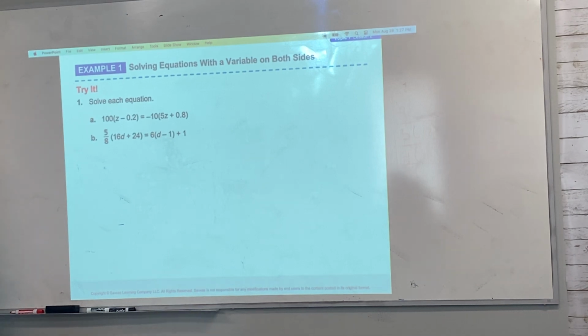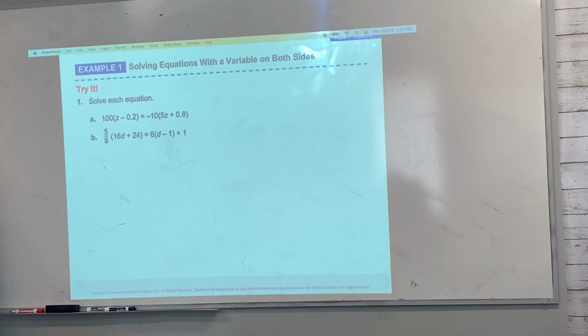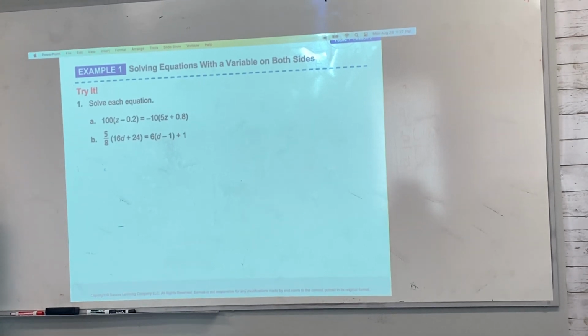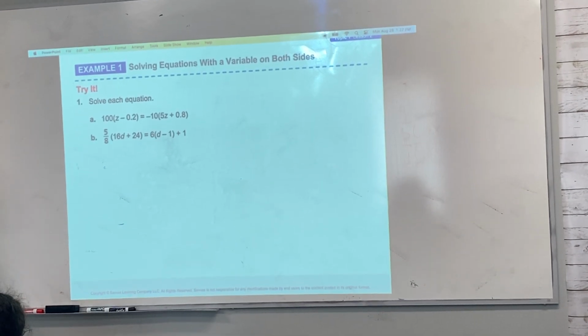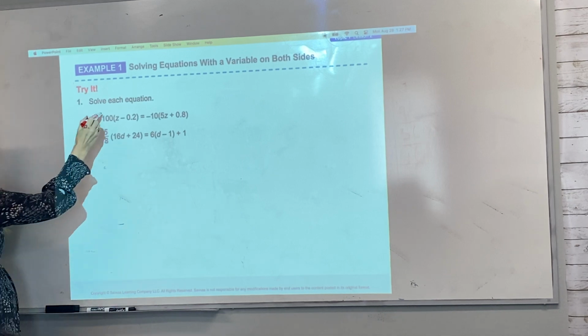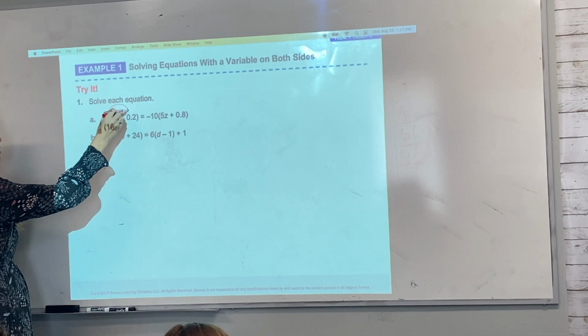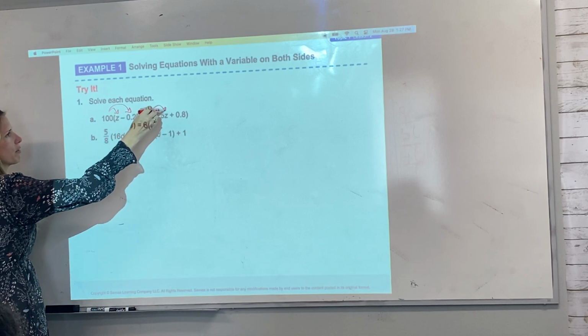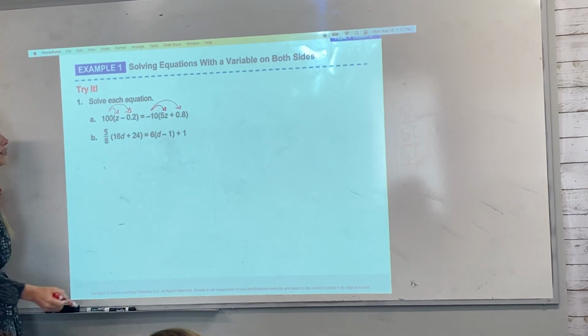Yeah, I would say try A. That would be my preference. So for A, I would go ahead and distribute. Because you can't combine any of the terms or move them across the equal sign until you get rid of those parentheses.